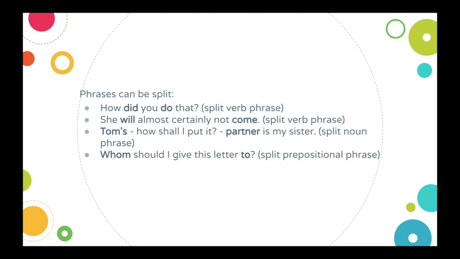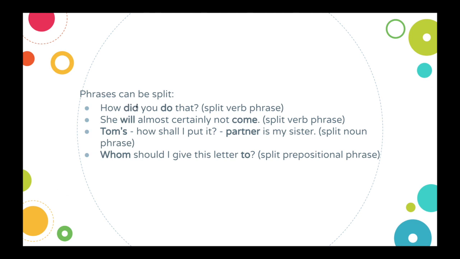Okay. Oh, I also forgot to mention that phrases can be split. Depending on the context, you can split them, but later, if we still have another meeting, I'll make sure that we all use non-split phrases. Okay, so we got split verb phrase, like how did you do that?